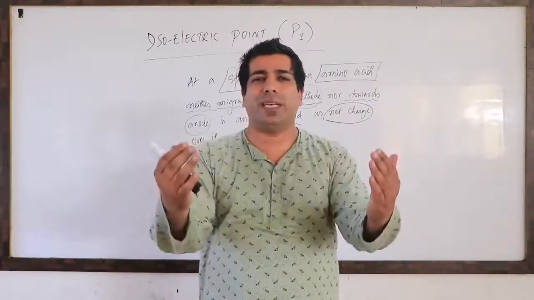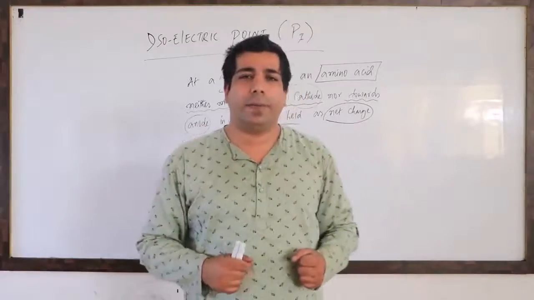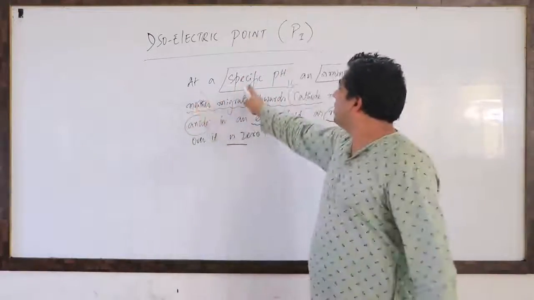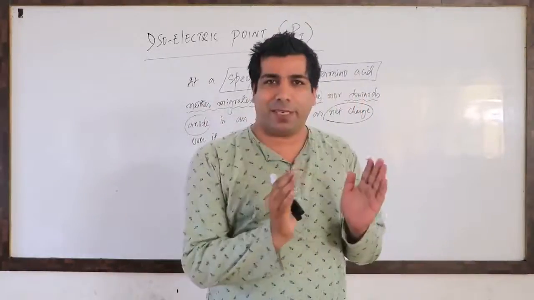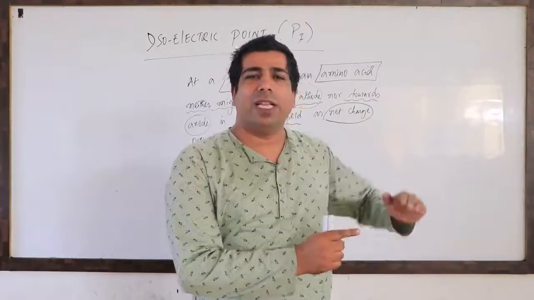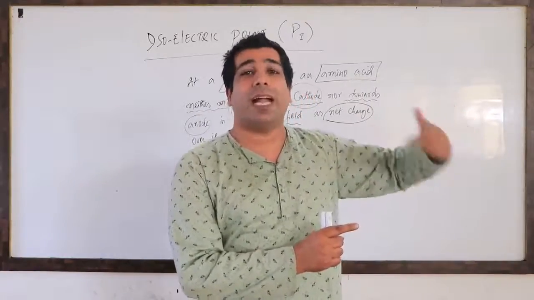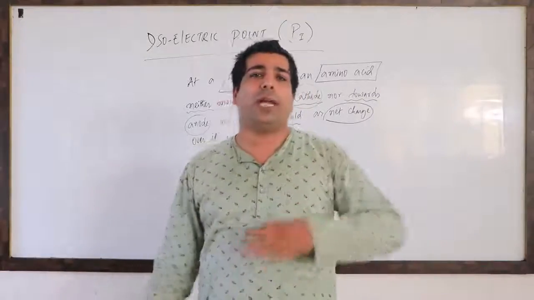If you place me in an electric field, but at a specific pH. So pH has to be specific, because every amino acid or every zwitter ion will have its own pH at which it will neither move towards cathode nor anode.